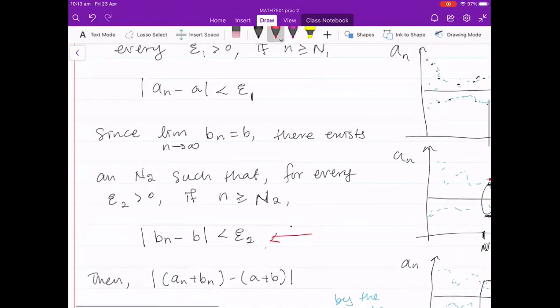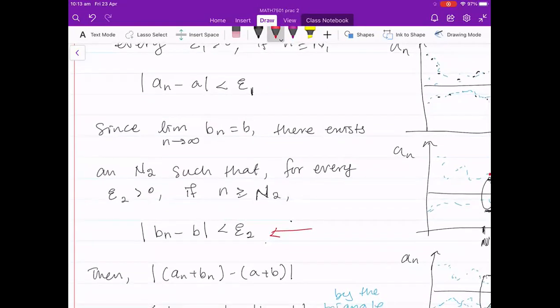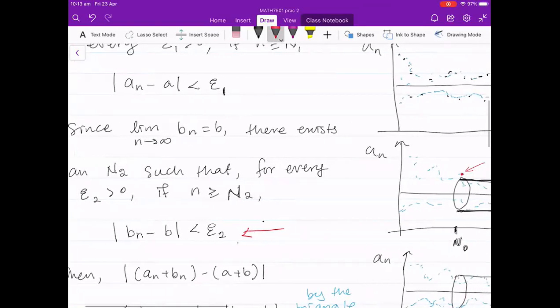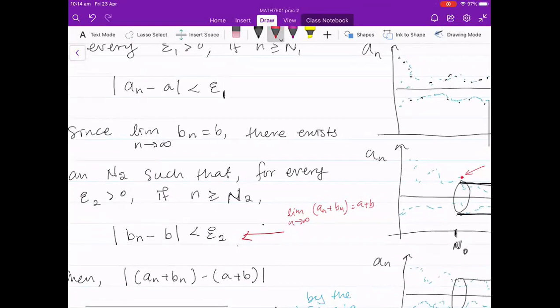Now we want to show that the limit as n tends to infinity of a_n plus b_n is equal to a plus b. So using this definition, instead of a_n, you would replace that by a_n plus b_n, and then this is the sum of the limits.